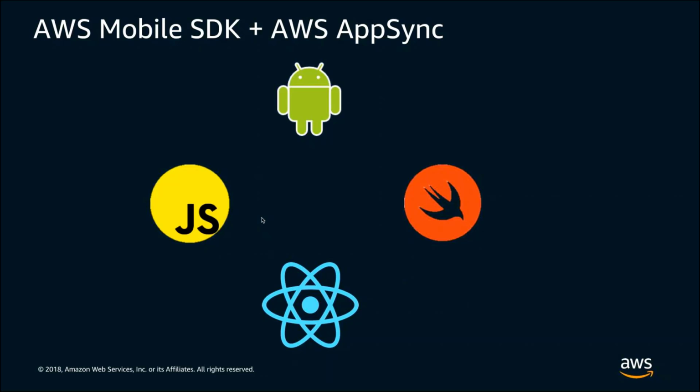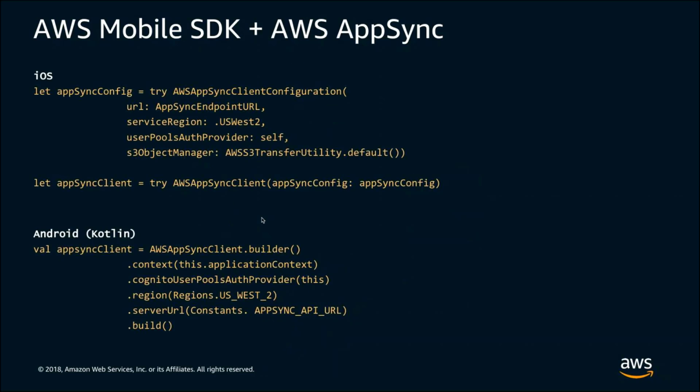How would you use the AWS mobile SDKs? You would start off by configuring your AppSync client by specifying an endpoint or AWS region, a user pool auth provider that allows me to get the latest token, and optionally an S3 object manager.